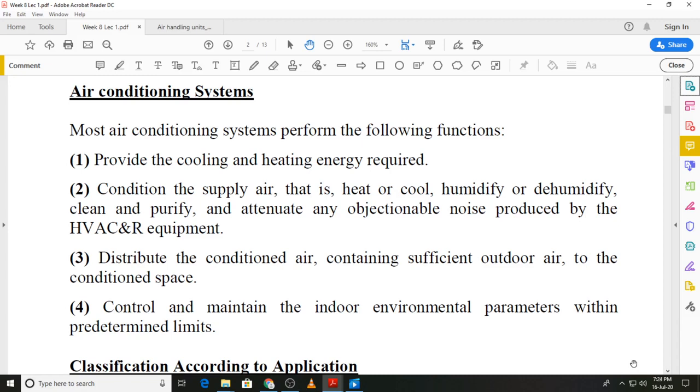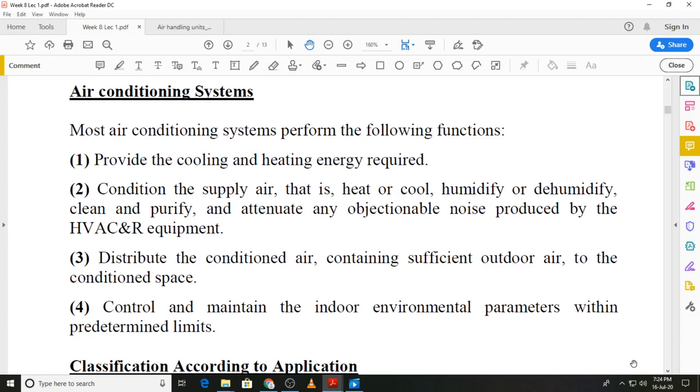For example, if you are working on a shop floor which is air conditioned, noise levels which are higher are permissible, but if you are going to provide air conditioning for a library or an office environment, definitely the noise levels over there will be comparatively much lower, and that also has to be taken care of when you design your air conditioning system.